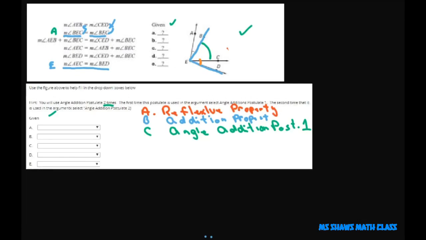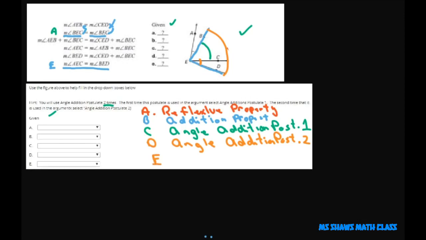So that means this whole angle equals these two added together. So that one is still the angle addition postulate, postulate 2, since it's the second time we used it.